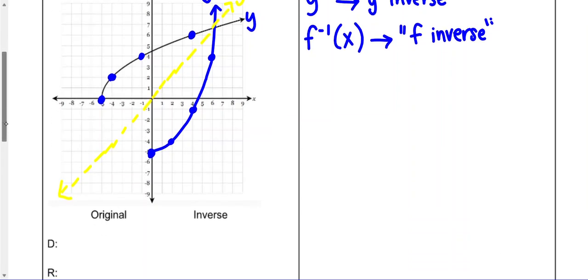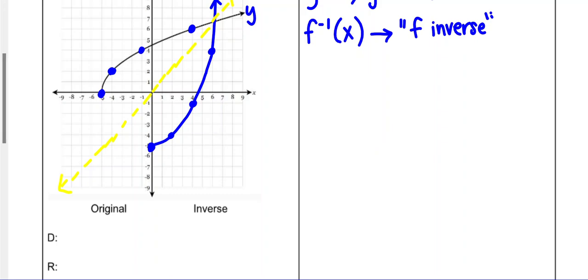So if we think about our domain and our range here, all right, the original function has a domain from -5 to infinity and has a range from 0 to positive infinity.